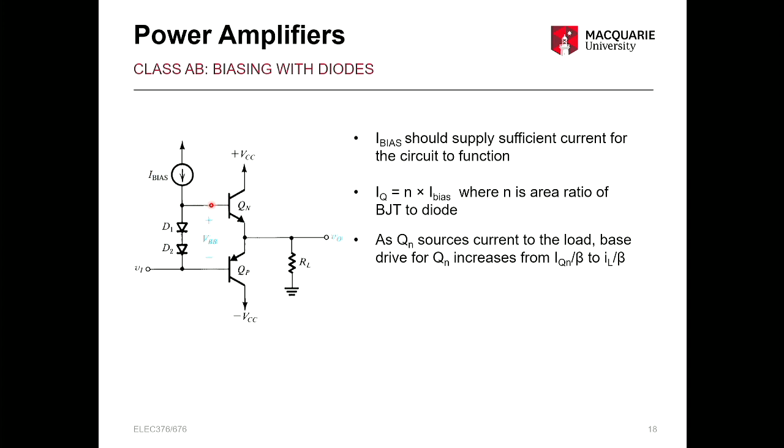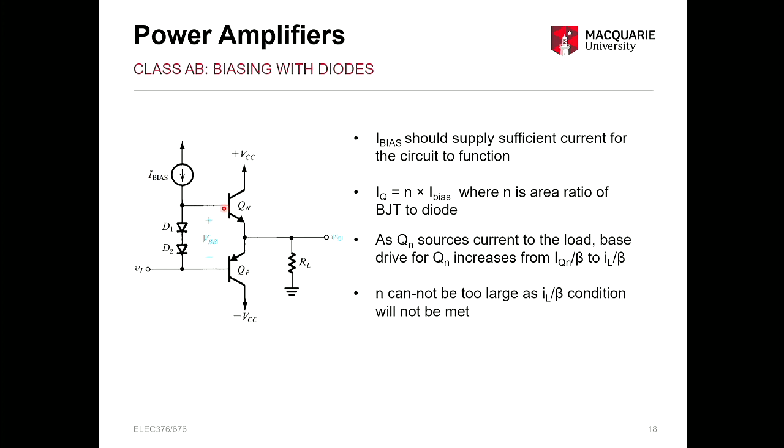If you know what currents you need here, that gives you some information on what kind of I bias you're going to need, because you need to be able to cover the IB, the base current of Qn, and also the current through the diodes. So the absolute minimum there needs to be more than the IB that you need.